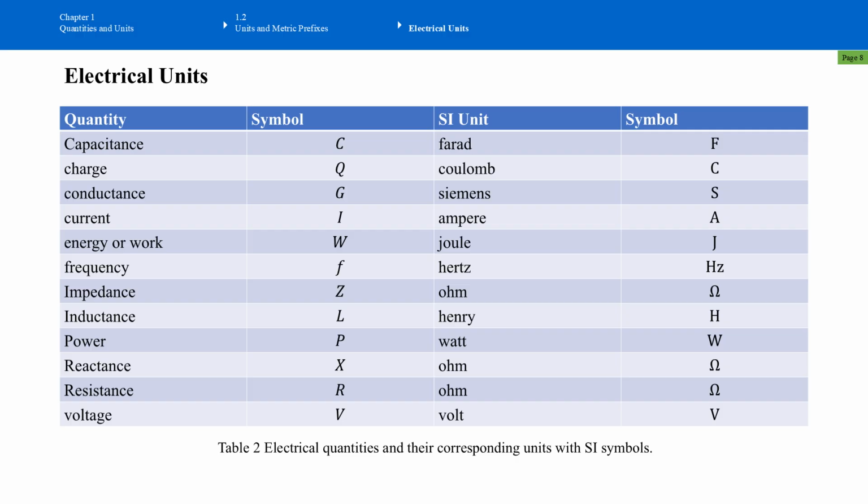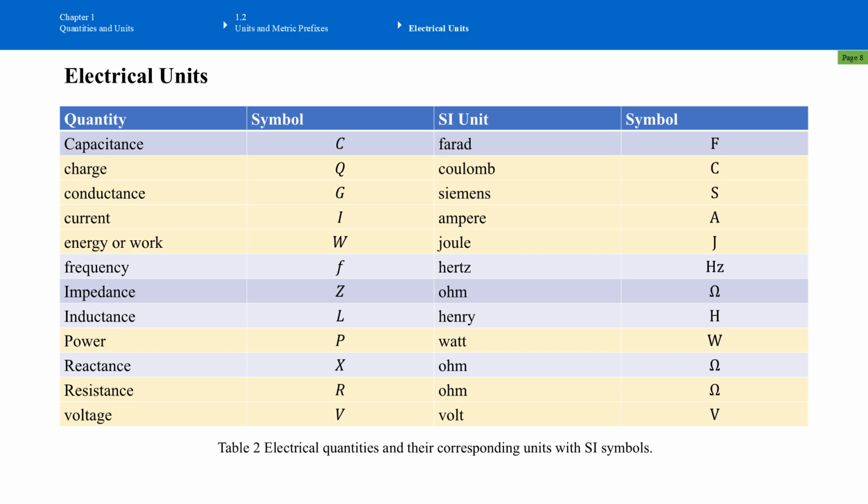We only need to know a few quantities in DC, and then we are going to learn the remaining ones in the AC class. The ones that we need to know now are charge, conductance, current, energy or work, power, resistance, and voltage.